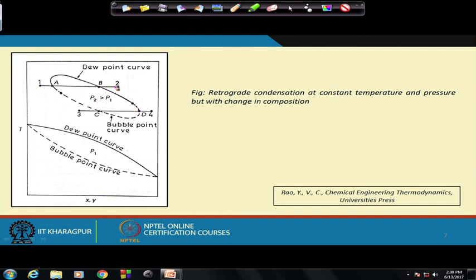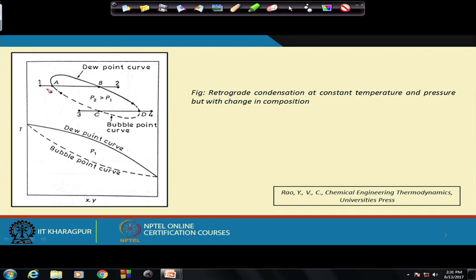So, under this condition, if we keep the temperature and pressure constant and vary the vapor phase composition, we had started with a vapor phase and then some amount of liquid formed, and the vapor gets reformed at B, and we get only vapor at state 2.